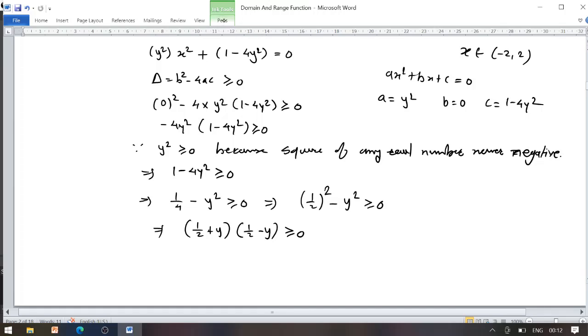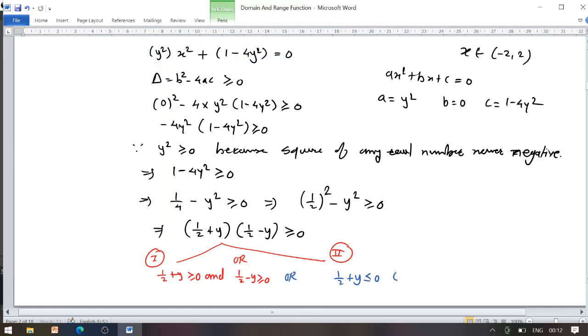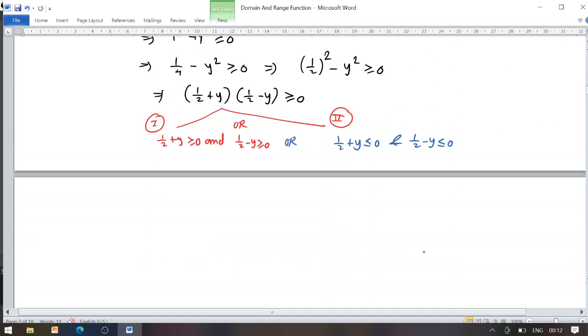Either both brackets have positive values or both brackets have negative values. That means 1/2 + y ≥ 0 and 1/2 - y ≥ 0, or the second case, 1/2 + y ≤ 0 and 1/2 - y ≤ 0. Both are negative.